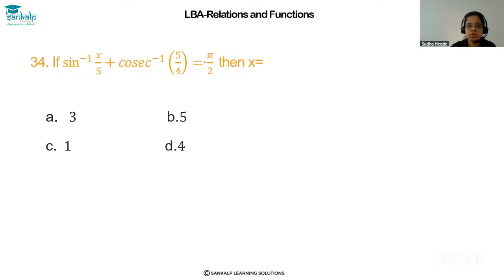Hi students, the question is, if sin inverse x by 5 plus cosec inverse 5 by 4 is equal to pi by 2, then you have to calculate x value. So options are A 3, B 5, C 1, D 4. Okay. So let us take cosec inverse 5 by 4 as theta.